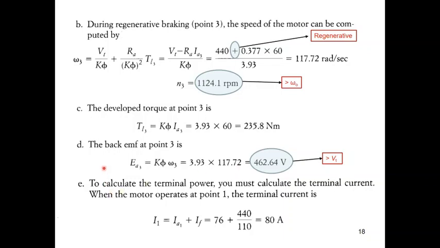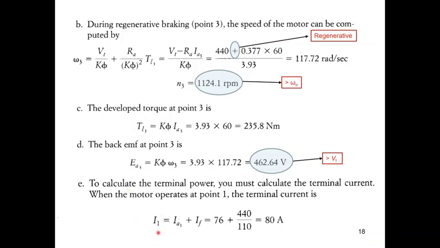Next, we need to calculate the terminal power at point number 1, which is motoring mode. Simply, at motoring mode, the power input to the machine equals the terminal voltage multiplied by the input current. However, this machine is a shunt motor, and the field resistance is given. So the terminal current or input current is equal to the armature current plus the field current. So we need first to calculate the terminal current and multiply it by the terminal voltage to get the power.